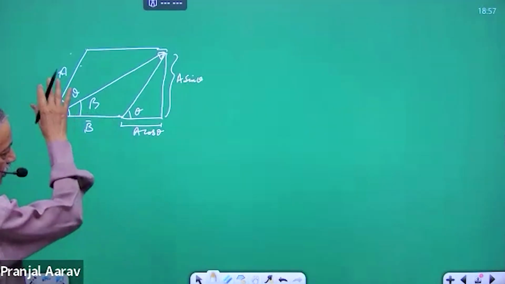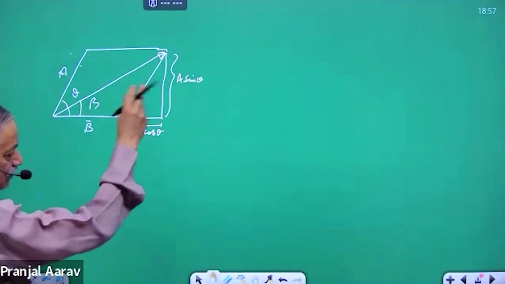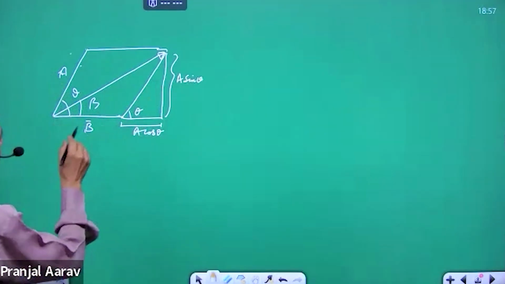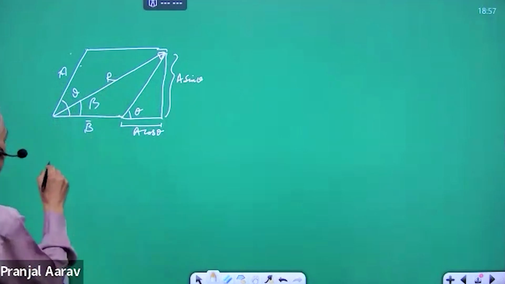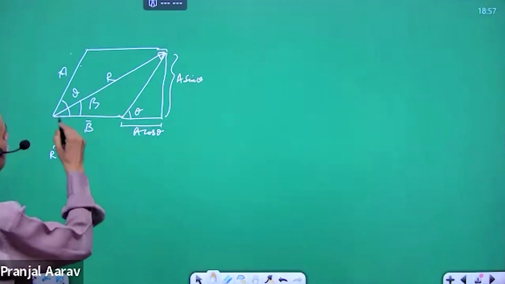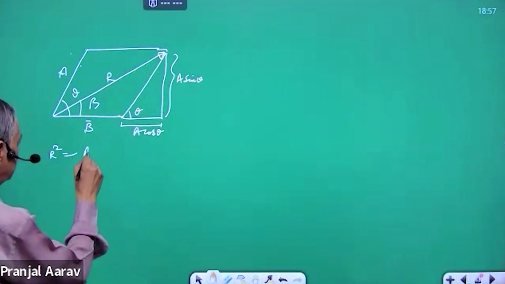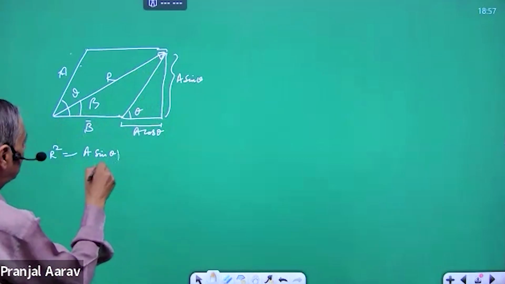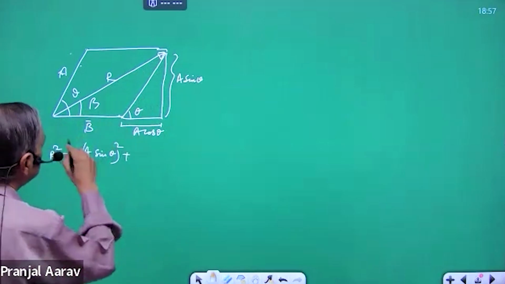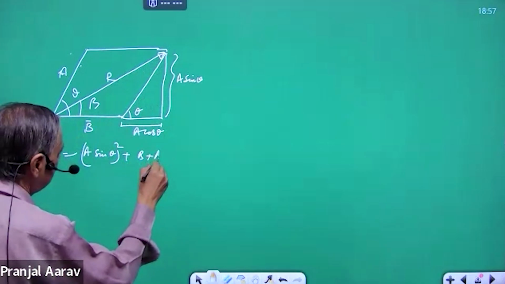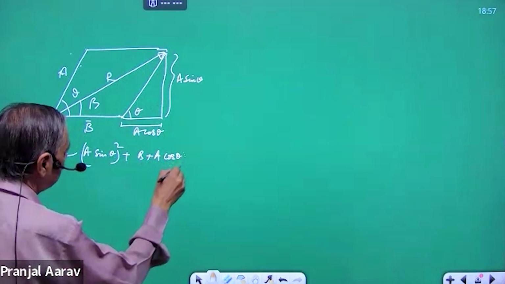Then I'll do the derivation on this, whether it is B or A, whatever was there, leave it. Here it is like this. So this is R. Then R square is equal to this square plus this square. That means (A sin theta) whole square plus (B plus A cos theta) whole square.